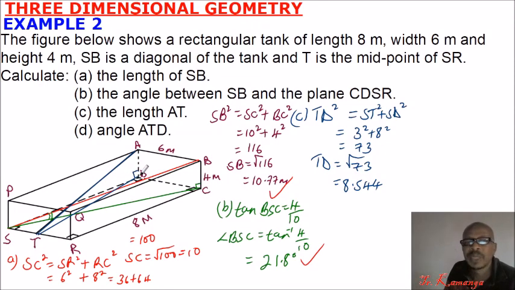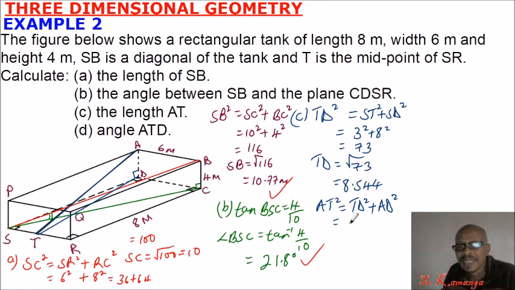Now that we have TD, we are required to get the length AT. So we say AT squared is equal to TD squared, which we have obtained, plus AD squared. Our TD is root 73 squared.